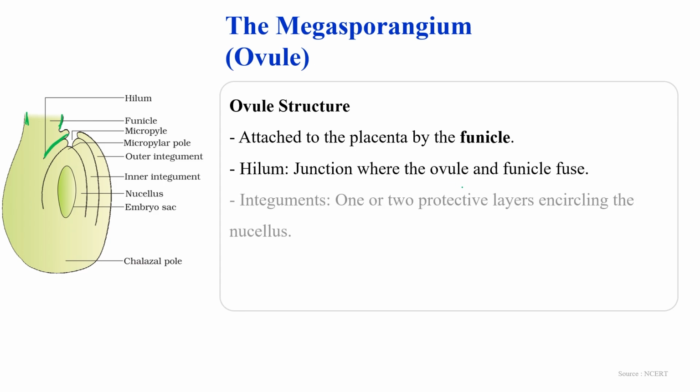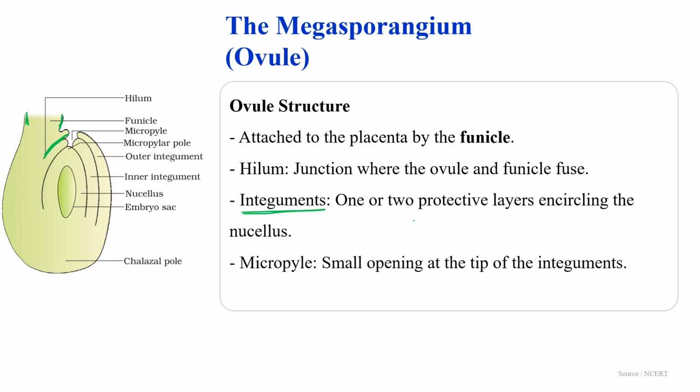And then integuments: one or two protective layers encircling the nucellus. This one is the outer layer, or outer integument, followed by the inner integument.